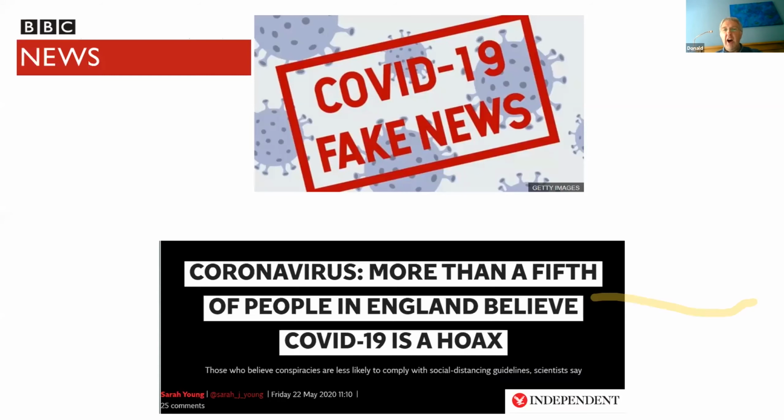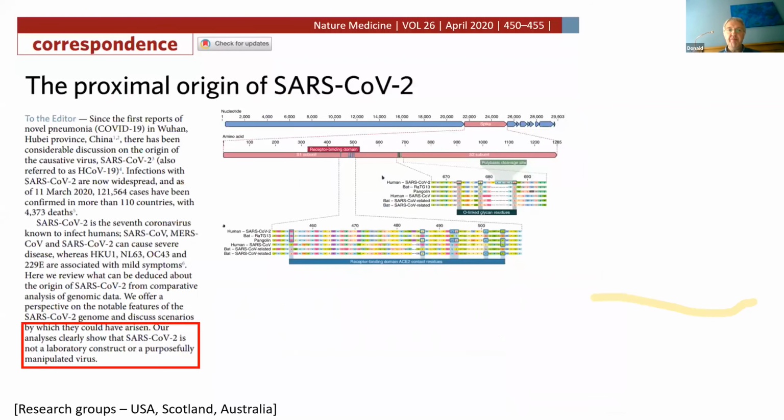And as a scientist, I am frustrated by fake news about COVID, about vaccines. And what we need to do as scientists is to be able to show where the fake news is going wrong in its assumptions. And one way to do it is by using studies.